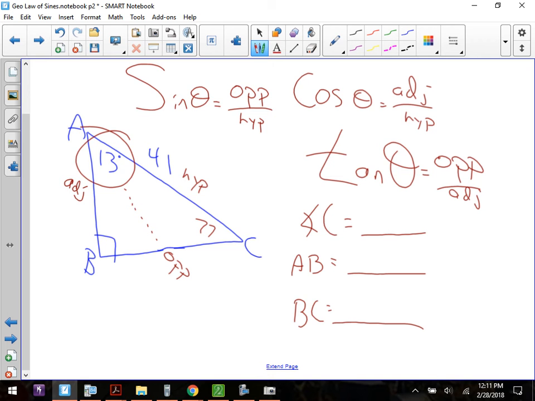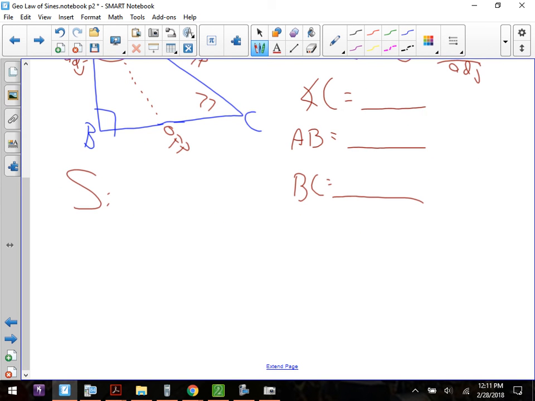Gotcha. So I have to do the sine of 13 equals BC over my hypotenuse, 41. Whenever your unknown is in the numerator, all you have to worry about doing is multiplying by your denominator.